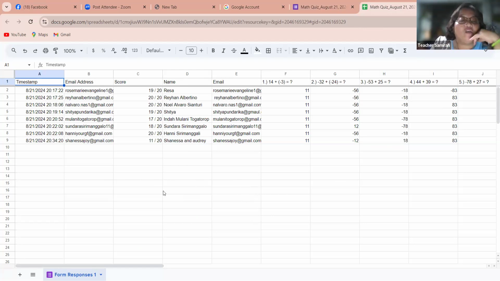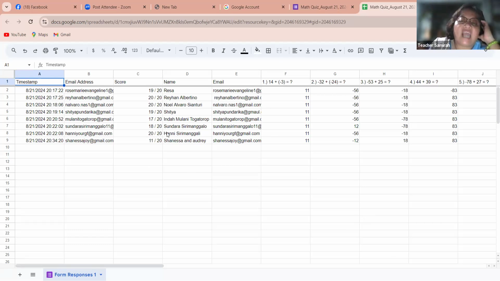The two boys are Rayhan and Noel. Noel is here. Congratulations, Noel, for getting a perfect score. And for the girls, we have Honey. Honey got a perfect score. Very good. Congratulations, Honey.